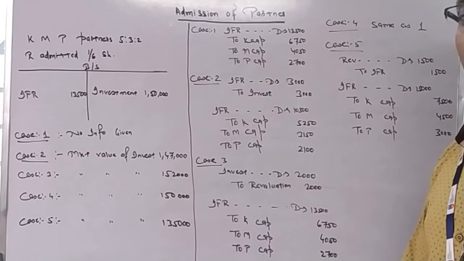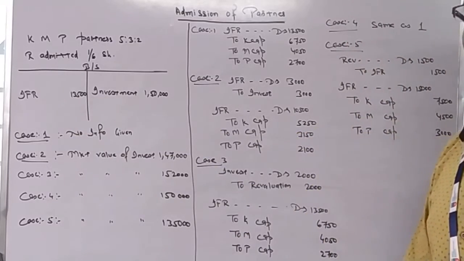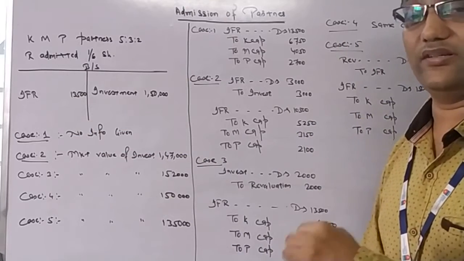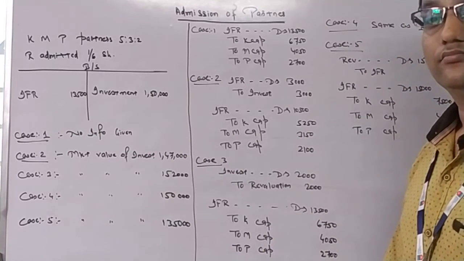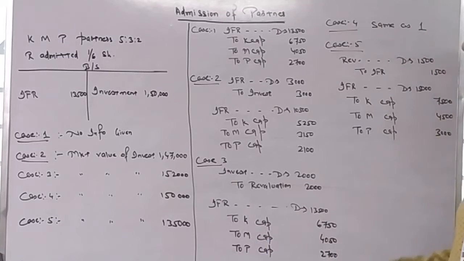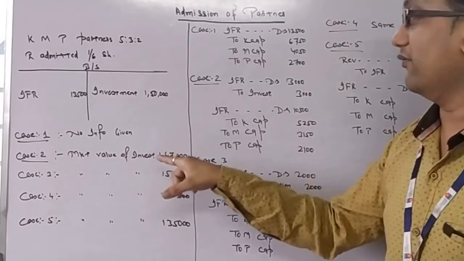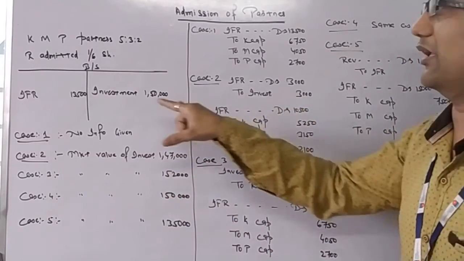That means 3,000 loss. First I need to adjust this loss with this reserve because this reserve was created to adjust the loss. Then I will distribute the remaining reserve among old partners. First entry: investment is reduced, so investment will be credit, and I am utilizing the reserve.